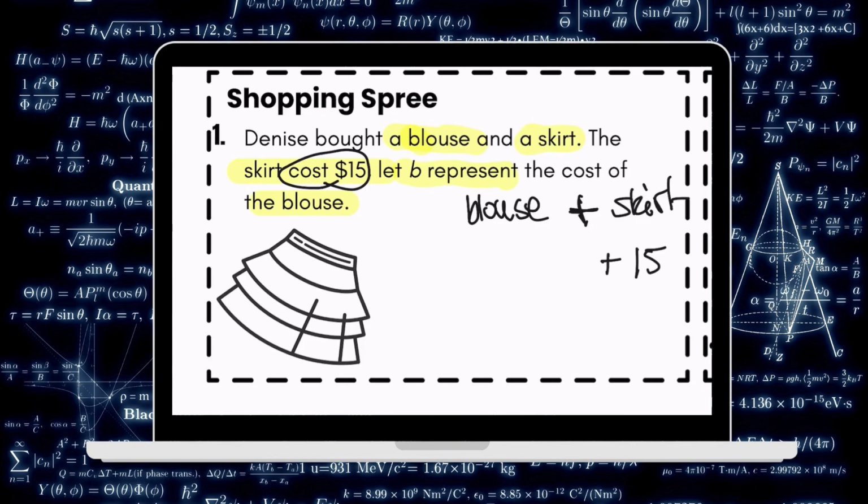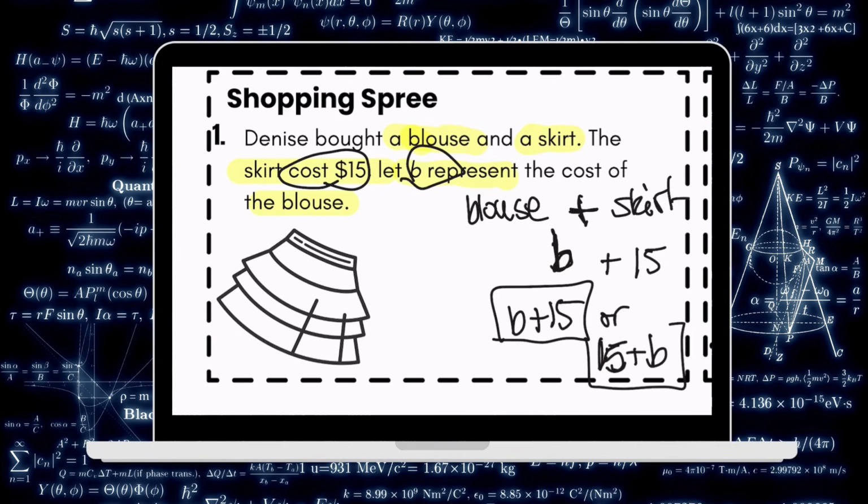What we don't know is the cost of the blouse, and they tell us what variable, what letter we can use for that variable. The unknown amount is B. So you can say B plus 15, or you could write 15 plus B, because in addition and multiplication, the order doesn't matter. You can flip-flop back and forth. So my answer is B plus 15, or 15 plus B.